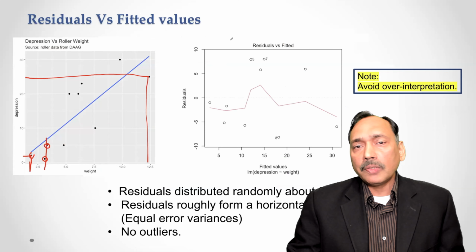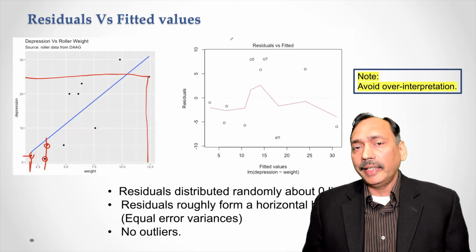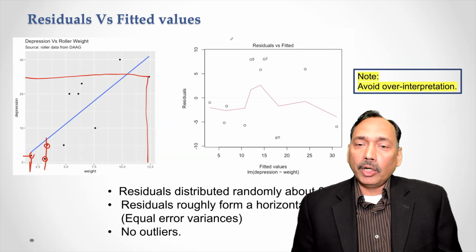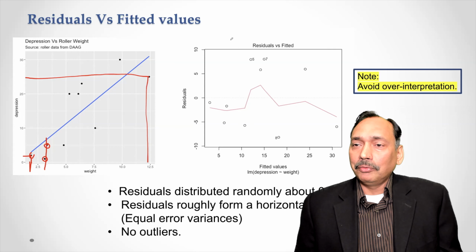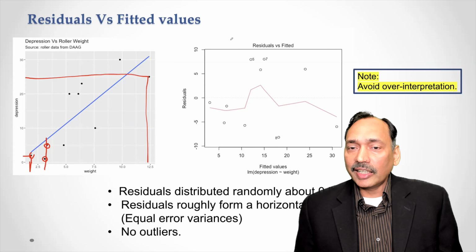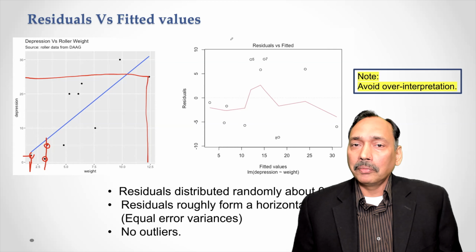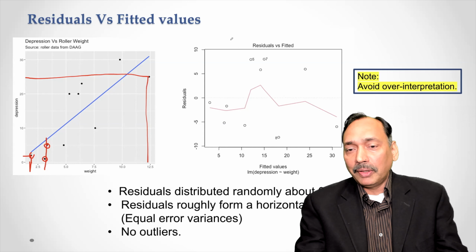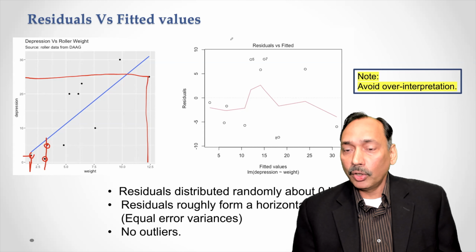But our plots for the roller data do not indicate anything unusual. So whatever results you see, maybe we are looking at the best possible explained variability and the best possible thing we can do with this data. We cannot do much. Whatever we have done, that's more than enough.